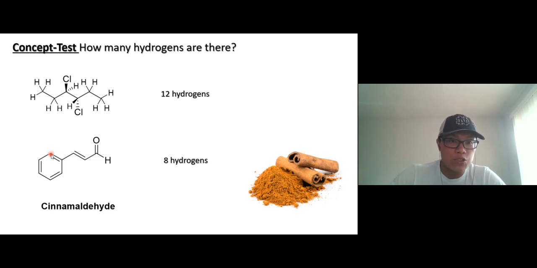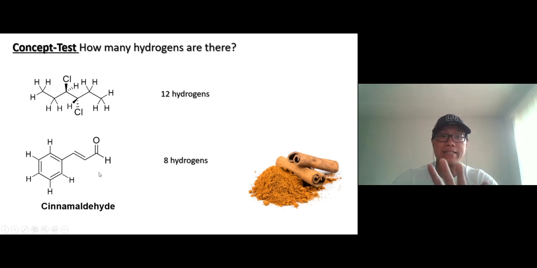Let's say there's 1 right here, 2, 3, 4, 5. If you still remember, carbons can have only 4 bonds. You can't exceed that. So this carbon: 1, 2, double bond, 3 and 4. That's how you count it. So 1, 2, 3, 4, 5 hydrogens. Carbon right here, 1, 2, 3, so 4. That's another hydrogen.